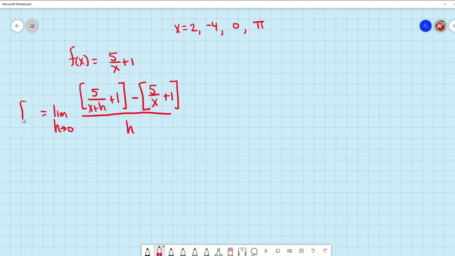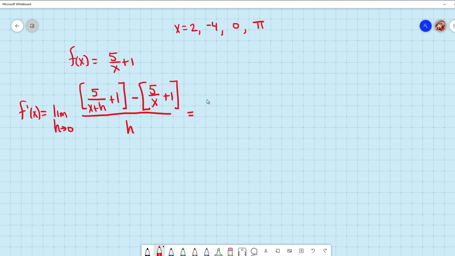So this is our f prime. Okay, so I'm not plugging in the x value. I could if I wanted to, but then at the end I would just get a specific answer each time. I want to just get the general answer so I can then plug in the numbers afterwards.